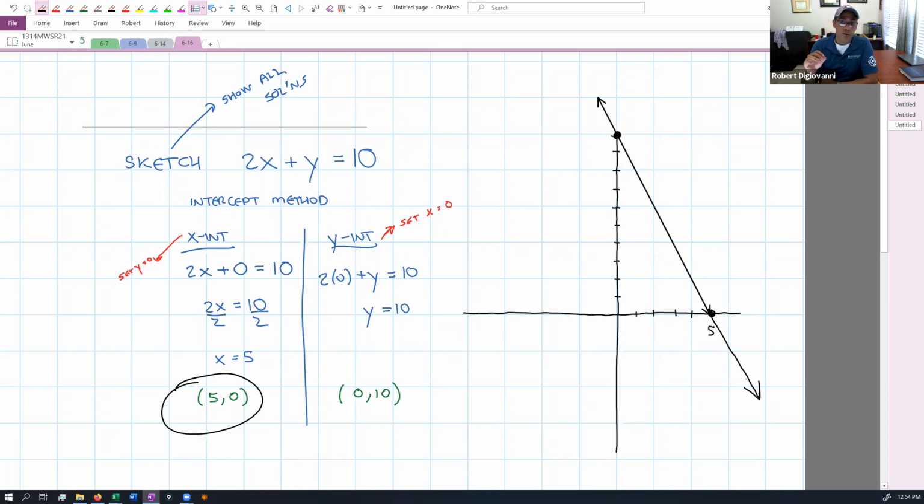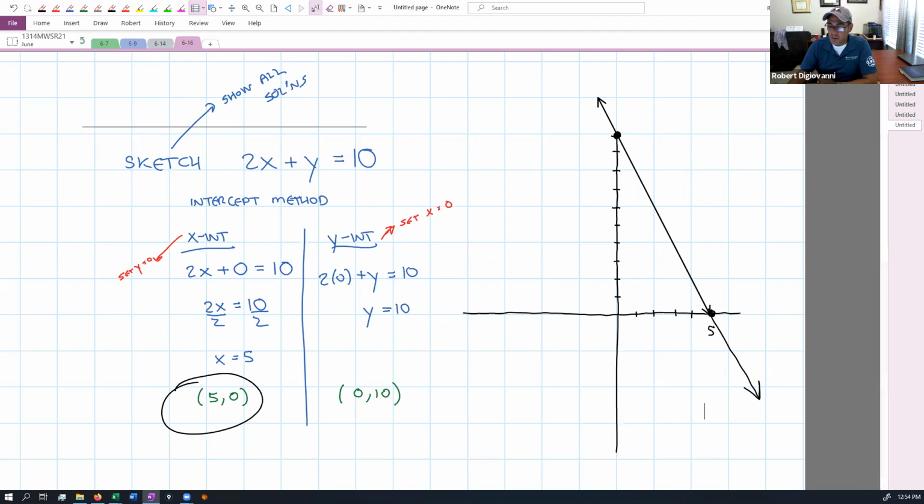So given a linear equation in 2 variables, we can find all the solutions by sketching the line. To do that, we can use the intercept method. You find the x-intercept by setting y equal to 0 and solving. You find the y-intercept by setting x equal to 0 and solving.